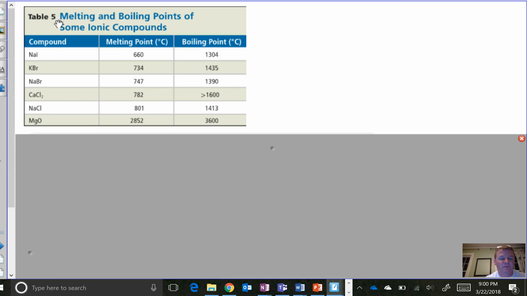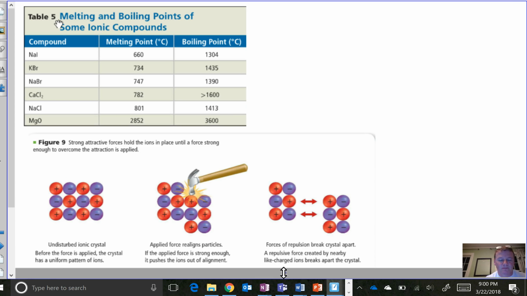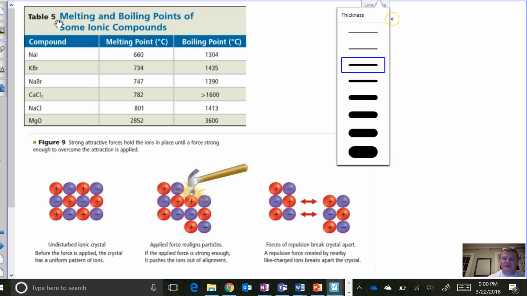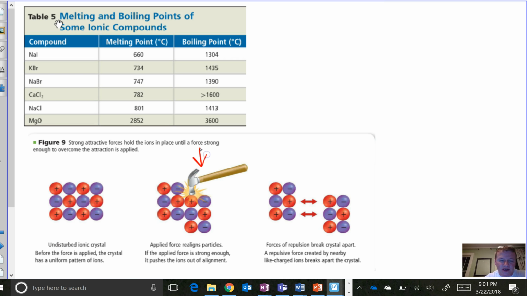Let's go back to this image here. All right. So notice in this image, we've got this ionic solid here, this crystal lattice, and notice it's that repeated positive, negative, positive, negative. Okay. Now, in picture number 2 here, we've got a hammer that's hammering down on part of that solid, and it's applying a force on there.